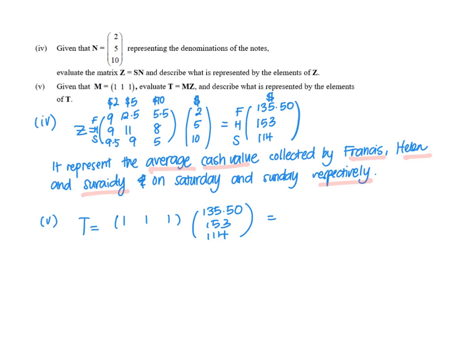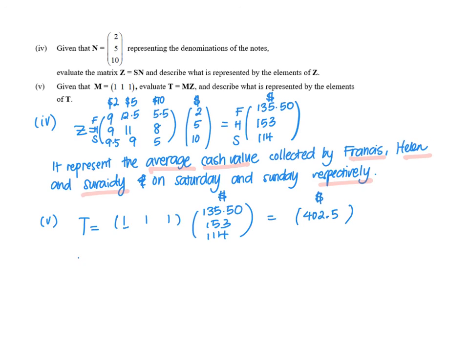I will only have one row and one column, for money. So this is definitely going to be the average cash value, but I'm going to add up. Take 1 times 135.5, I add a total of 1 times 153 plus 1 times 114. So this will give me the total average cash values collected. Now there's no longer Francis, Helen and Suraidi, so it will be just what they collected on Saturday and Sunday.